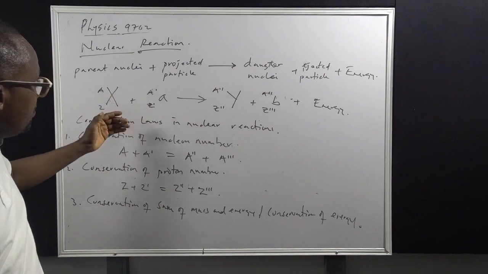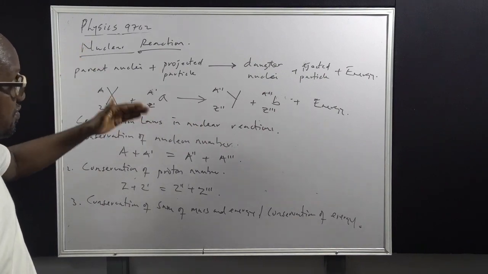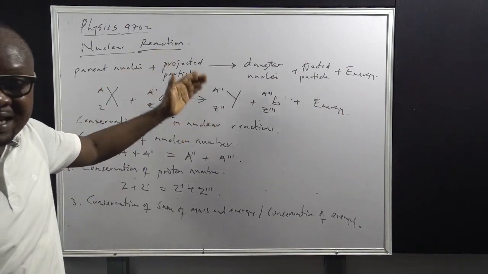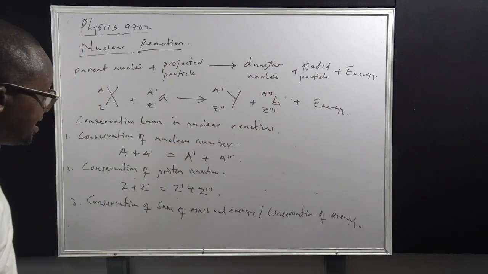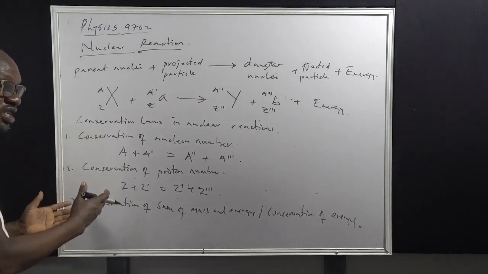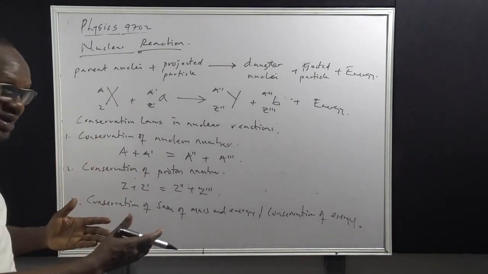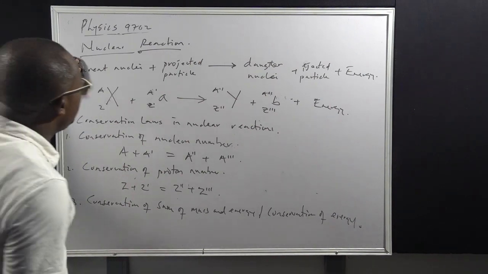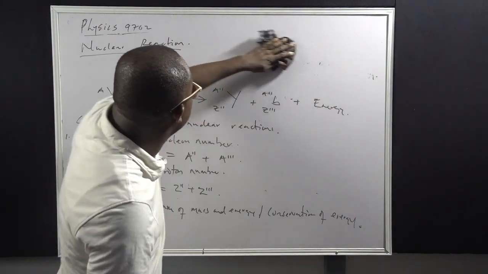Therefore, we can say that in a nuclear reaction, the energy on the left hand side is balanced by the energy on the right hand side. So let me elaborate on that.